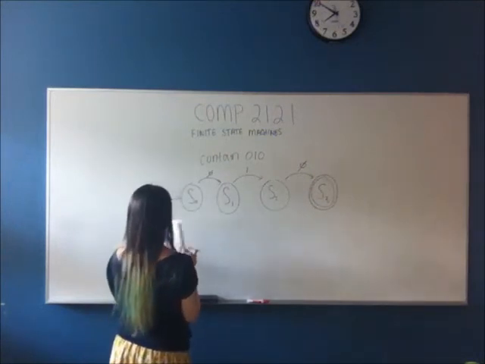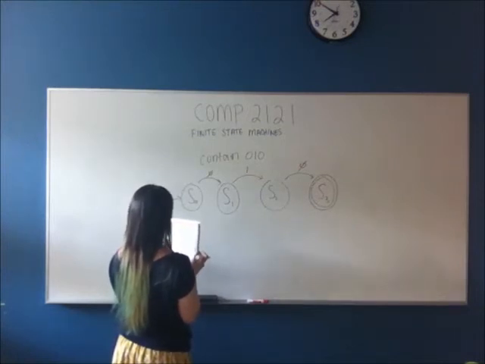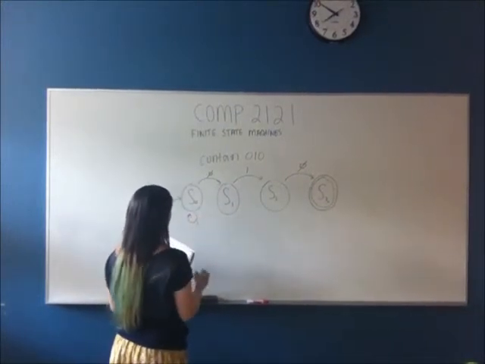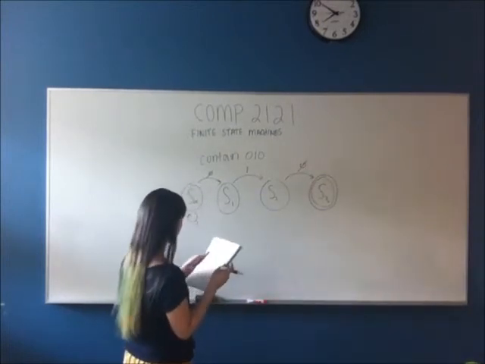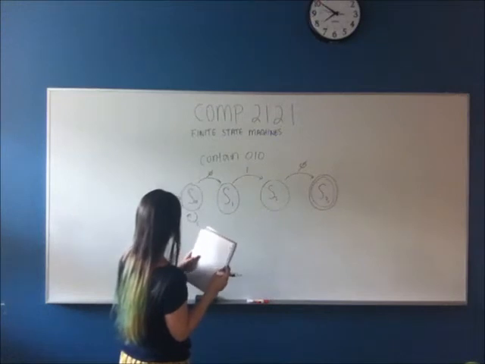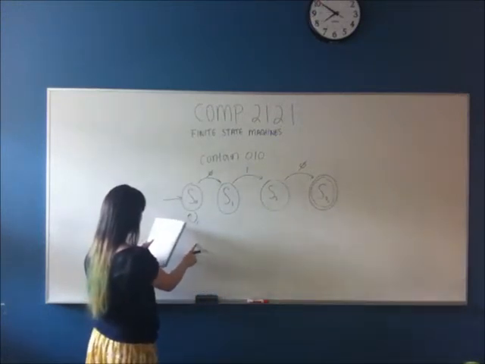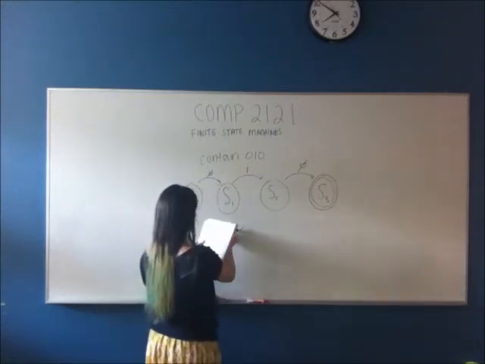So at S0, you have a 0 coming out of it, but a 1, you would put the 1 here, because as long as it contains 0, 1, 0, it's still valid. And it doesn't matter what it starts with, so the 1 can keep looping back. And now that you have a 0 and a 1 coming out of it, you can move on to S1.